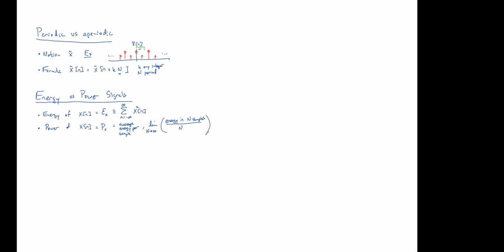The book goes one step further. It says it's the limit as k goes to infinity of 1 over 2k plus 1, because that's how many symbols we have if we summed from n equals minus k to plus k. 2k plus 1 is how many samples we've got, that's our n, of x squared of n.